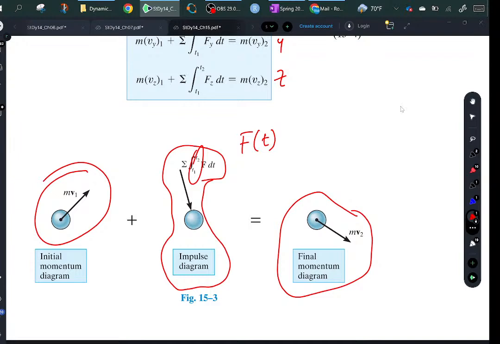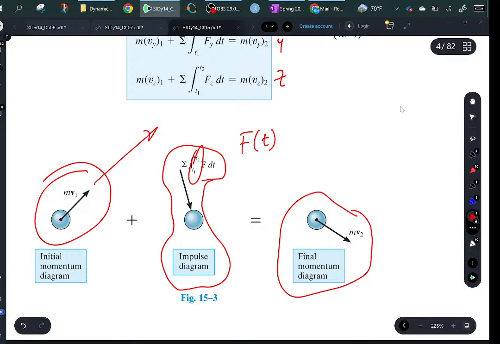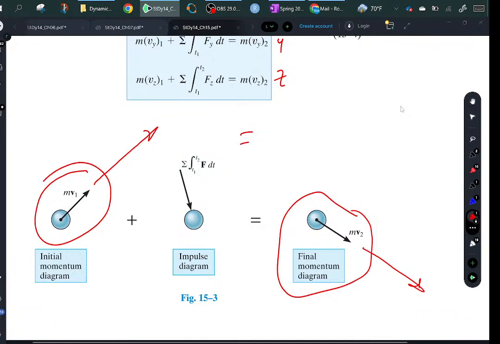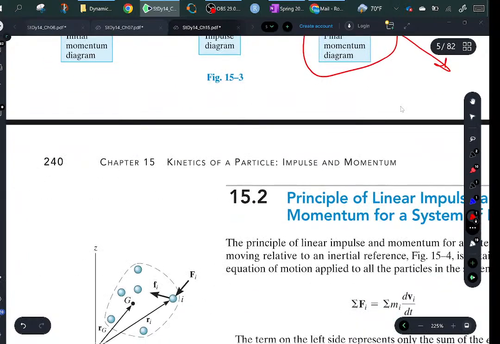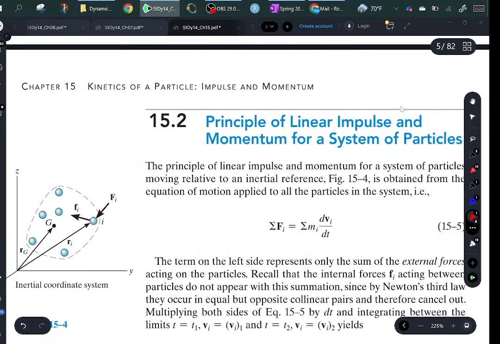In other words, this particle is going in this direction, and when it gets done, it goes in that direction. So this force could not only be changing in length, it can change in its direction in order to take the particle and turn it that direction.